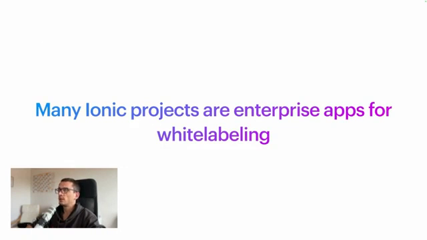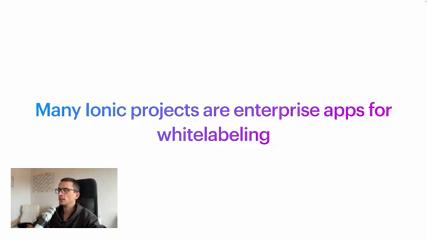The problem is that many Ionic projects are enterprise applications. If you're coming from an enterprise environment, for example a consulting agency, we are often developing applications which are going to be used by many different customers.